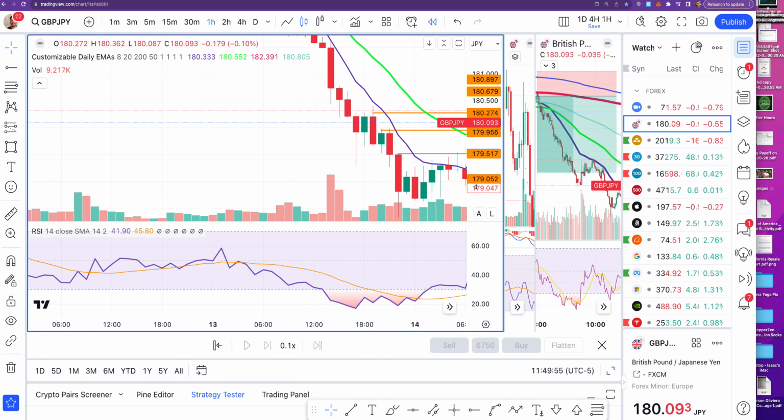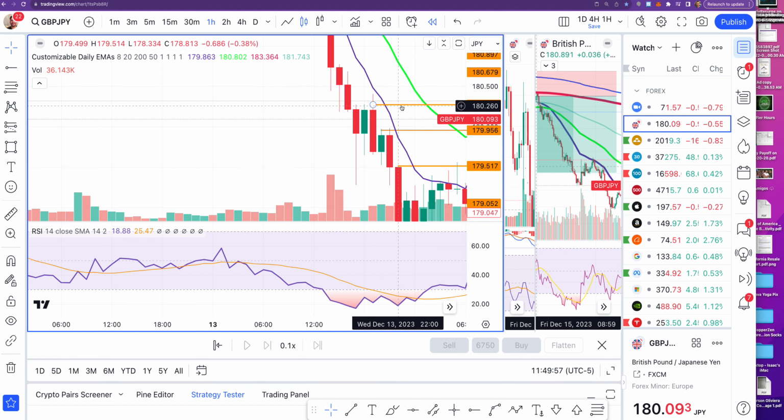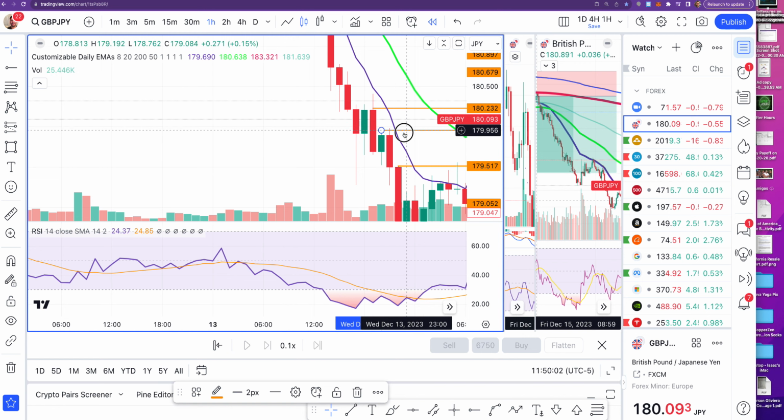So it's a good idea then to go ahead and mark out these areas of resistance, right? The idea here is that resistance on the way down should equal support on the way back up.